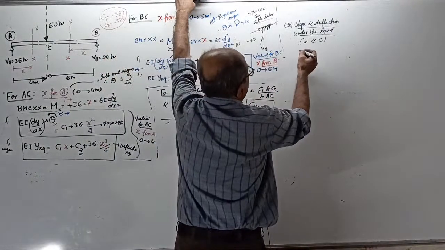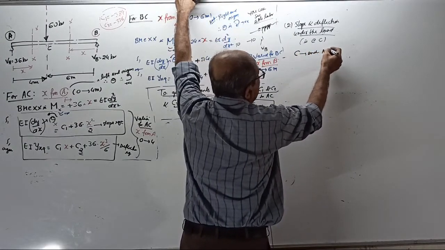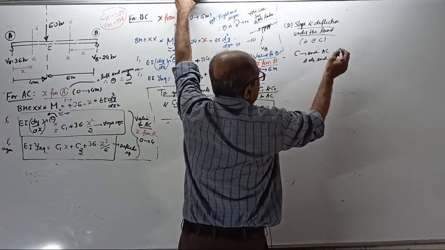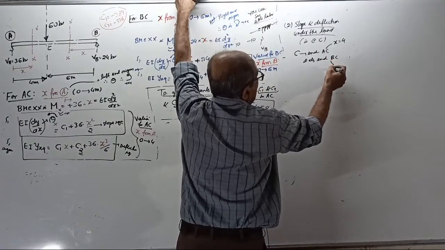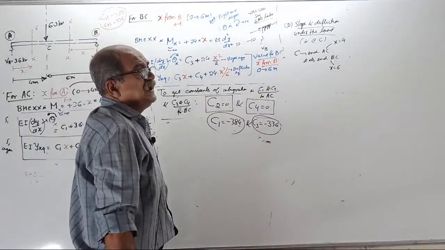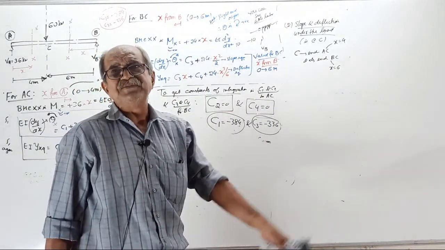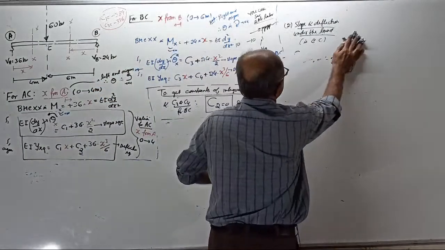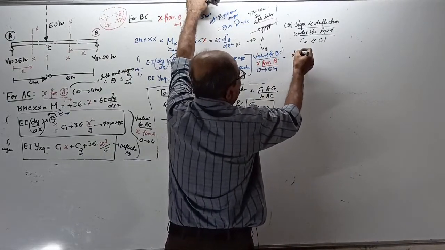Note, C is the end point of AC and also the end point of BC. If it is AC, x equals 4 meter. If it is BC, x equals 6 meter. So, to get the answer at C, we can use either the equation for AC or the equation for BC. Both should give the same answer. Check it.